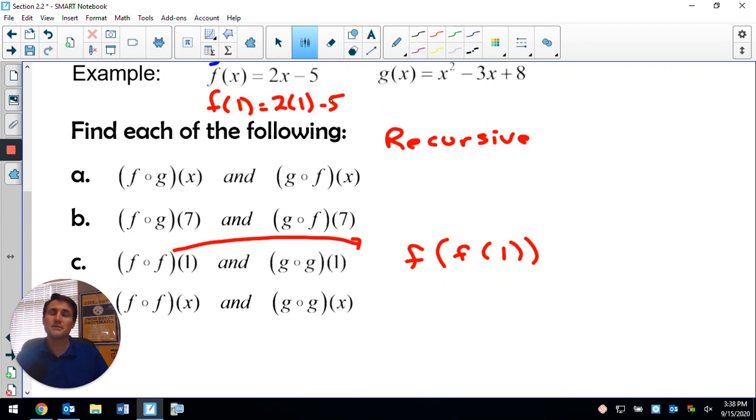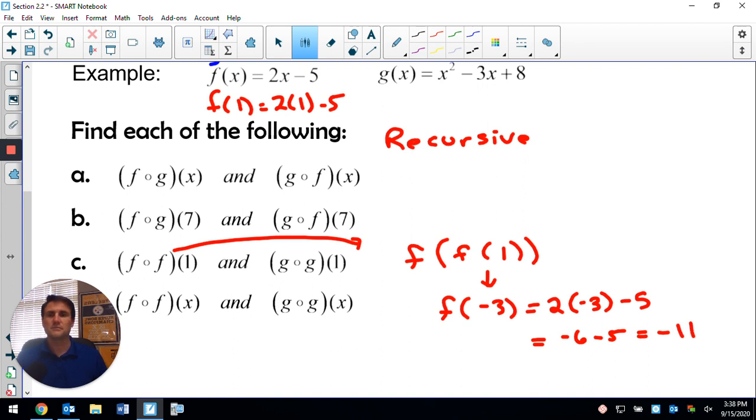So 2 minus 5 is negative 3. And so now we have to do f of negative 3. So now we're going to plug in negative 3 there, which gives us 2 times negative 3 minus 5. So negative 6 minus 5 is negative 11. See how that works? That is a recursive. You take your answer, you plug it right back into the same function.